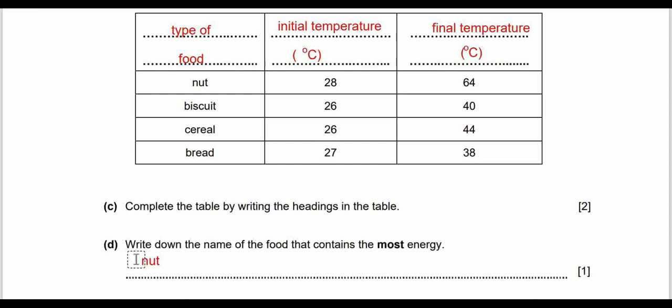It's nuts. So how to get the answer? We have to do subtraction. The most energy means it has the greatest increase in temperature.